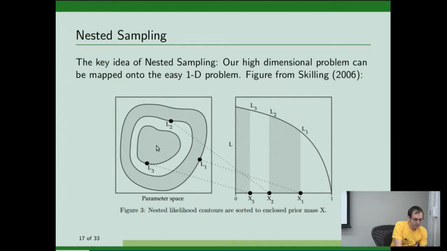So the best point in the space, the point of maximum likelihood, we're going to call that x equals 0. No points are above it. There will be somewhere in there a point with the worst likelihood. Actually, really, it's usually a contour, which still has measure 0, but just glossing over all of that. The worst point in parameter space, all the other points beat it, so that's going to correspond to x equals 1.